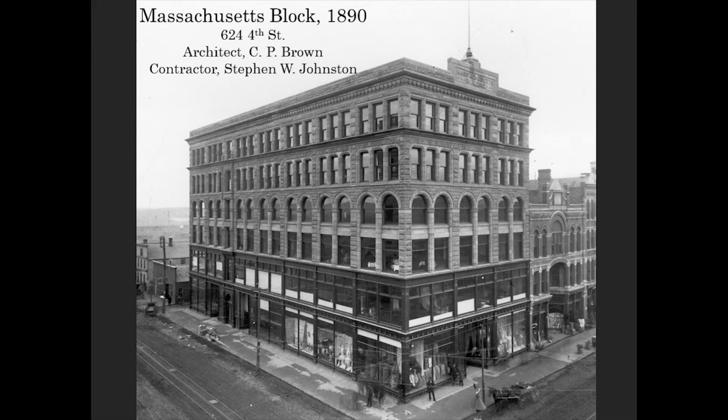You can see a very similar design motif in the Massachusetts block, also built in 1890. This is at the corner of 4th and Jackson, where the Badgerow building now stands. Although it looks very similar to the Boston block, which you just saw, this has a totally different architect. We're back to Charles Porter Brown and contractor Stephen W. Johnston.